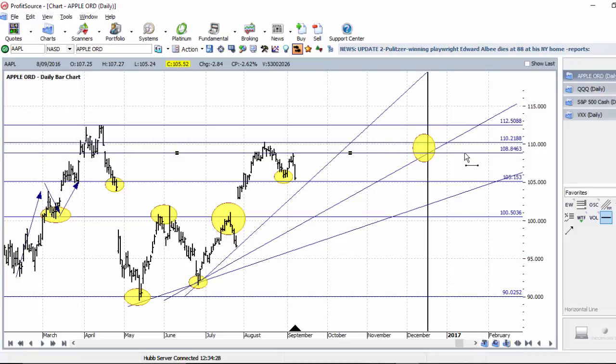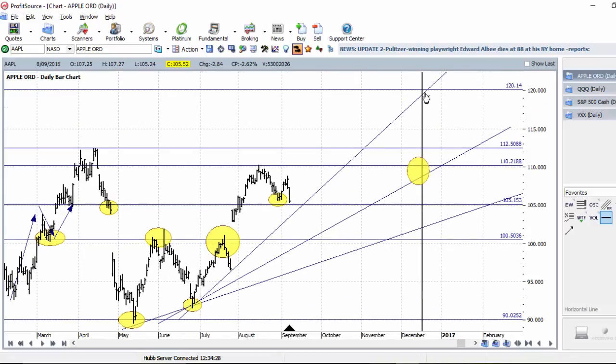But once you get to around 108, 109, the stock will most likely move up to the next likely level of resistance, which would be that 110. So if we split the difference between what we're thinking here and this more aggressive top target of 120, I think 115 is a very reasonable target for the December timeline, the end of the year, if we continue to see strong continuation in the trend that the stock's moving at the moment.